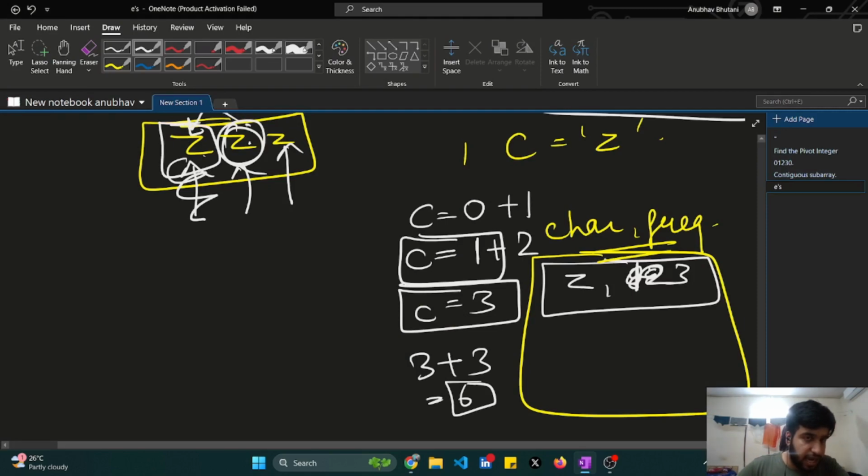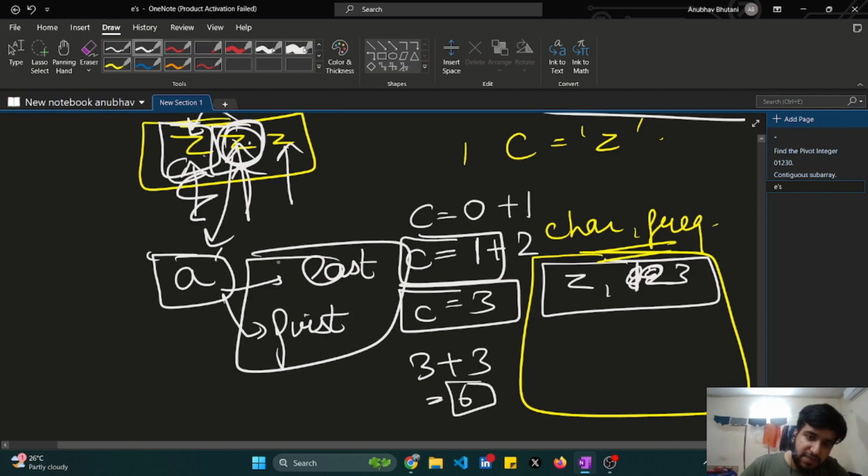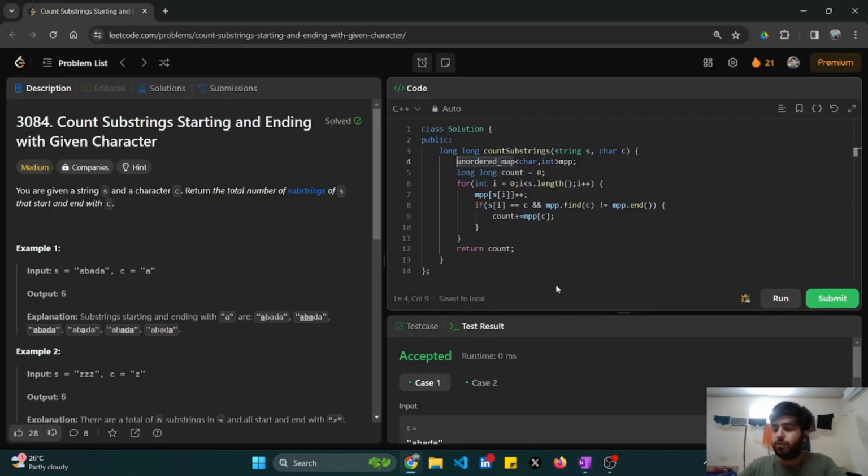One index is there, and this is the second index, because the last index can also be a starting index, so this will also be counted. That's why I am first storing it, then checking it, and then increasing my count.